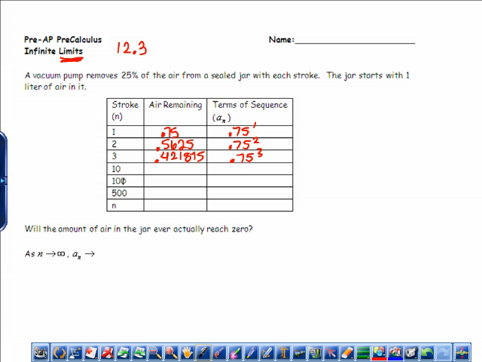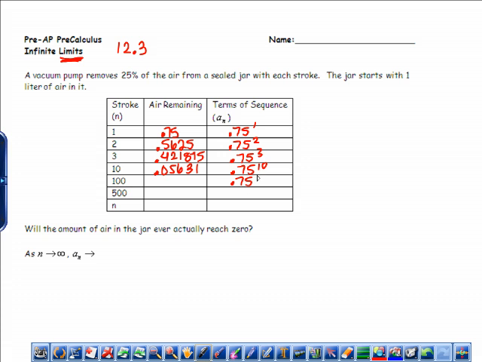And so without having to go through all of the sequences, what would it be after the 10th stroke? It would be 0.75 to the 10th power, which you can do easily in your calculator, and you will get 0.056, and these decimals are going to continue on a long time. And then for the 100th, you'd think, oh, this will be really small.